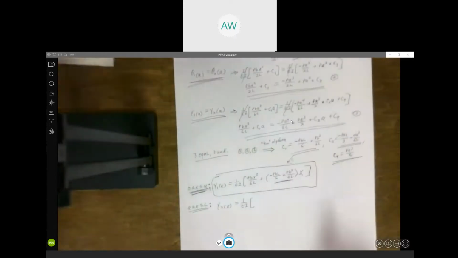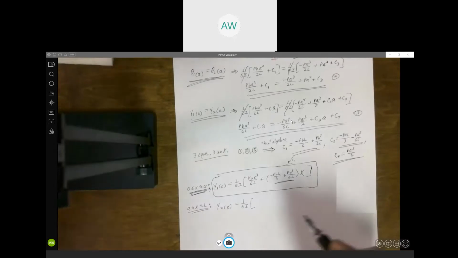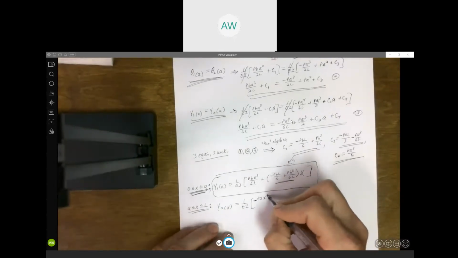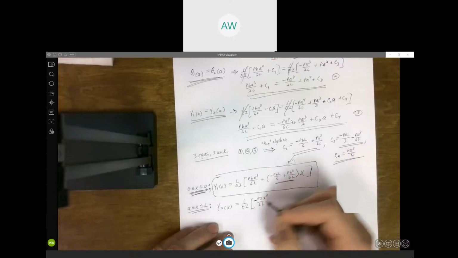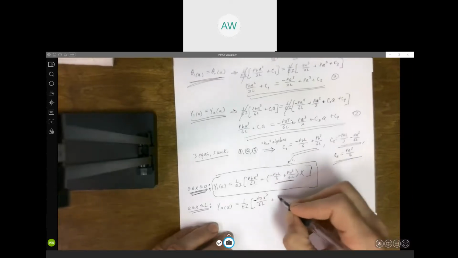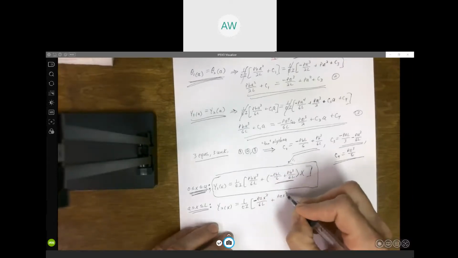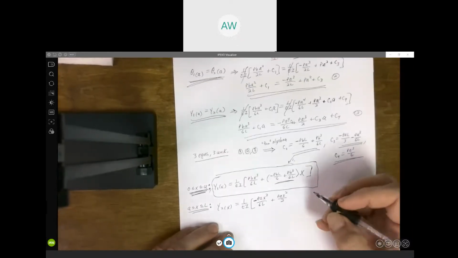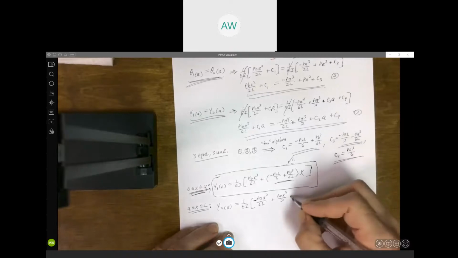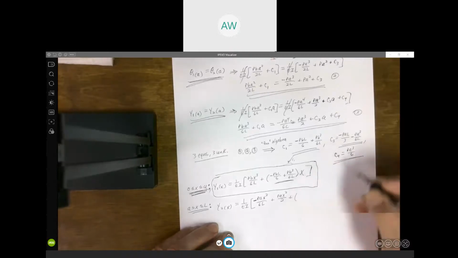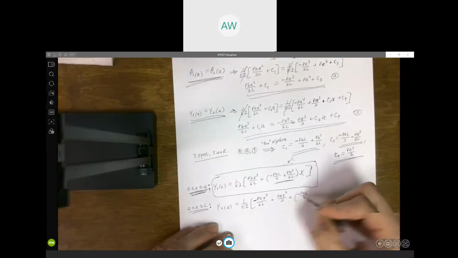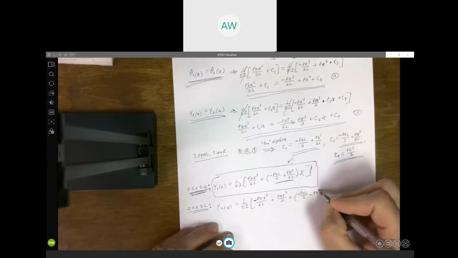So going back, we had minus PAX cubed over 6L plus PAX squared over 2. And then we had C3 times X. So here we're plugging in C3, which was minus PAL over 3 minus PA cubed over 6L.